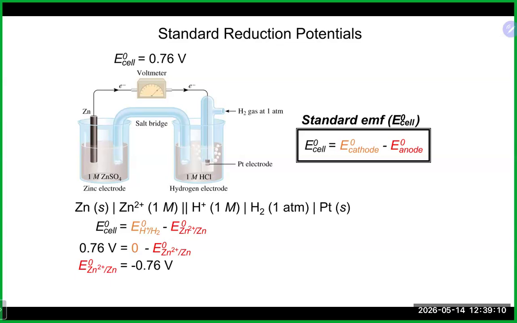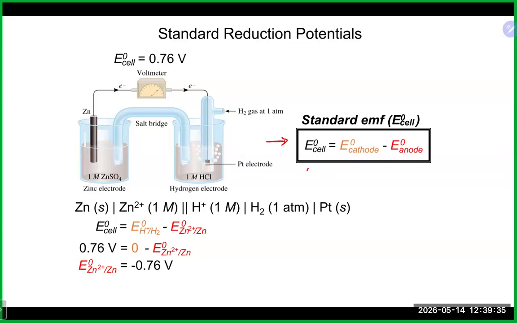And we can use that and this equation here, which will help us determine the cell voltage in a galvanic cell. And this is E of the cell is equal to E of the cathode minus E of the anode. And in this particular case, our zinc is our anode and our hydrogen is our cathode.